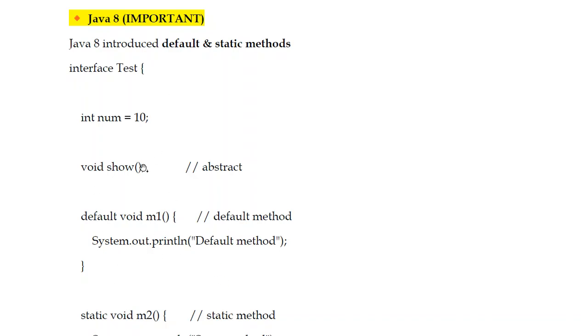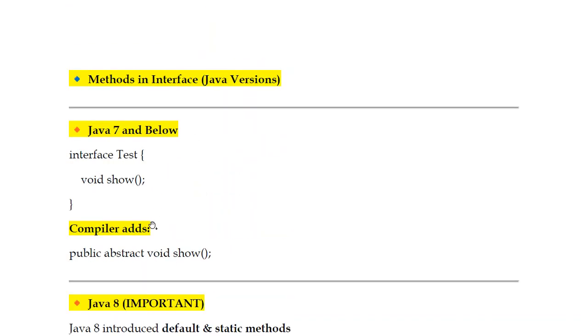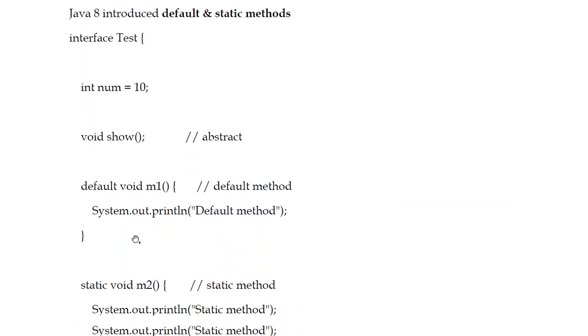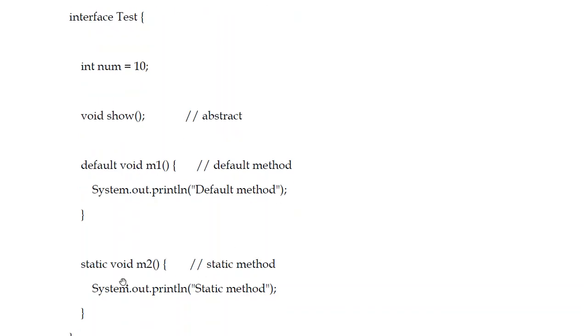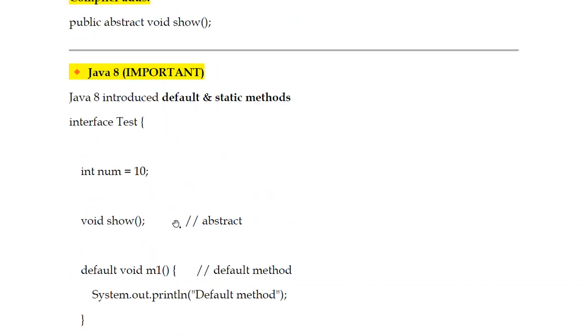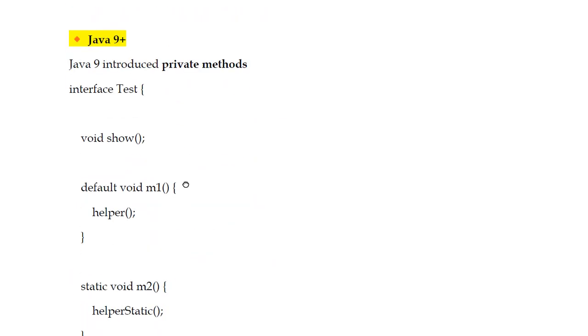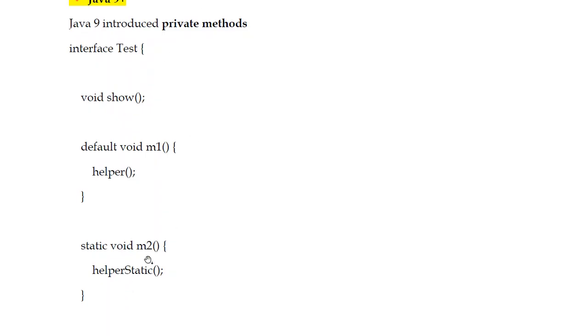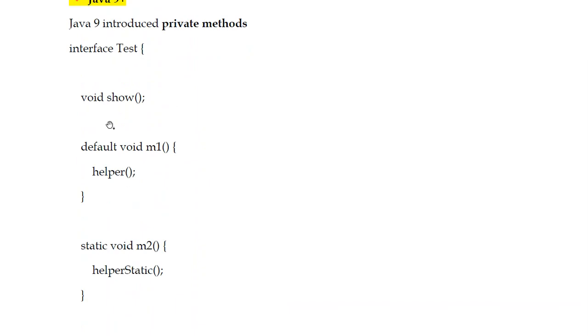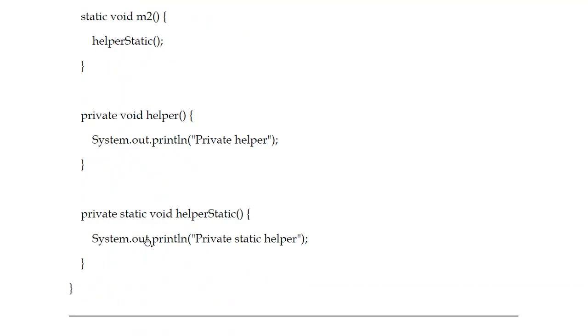In Java 7 and below, it is not supported. Only declaration is possible. Added to the declaration, you can define default methods and static methods. Both are allowed in Java 8. And in Java 9 plus, private methods are also given as an option. You can use a private method definition. But as usual, an abstract method you can't define. These are the new updates.